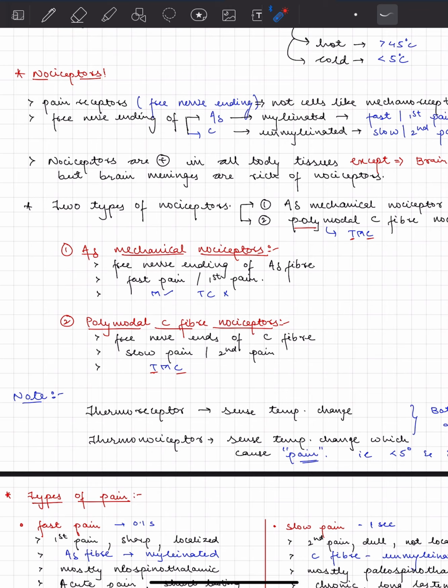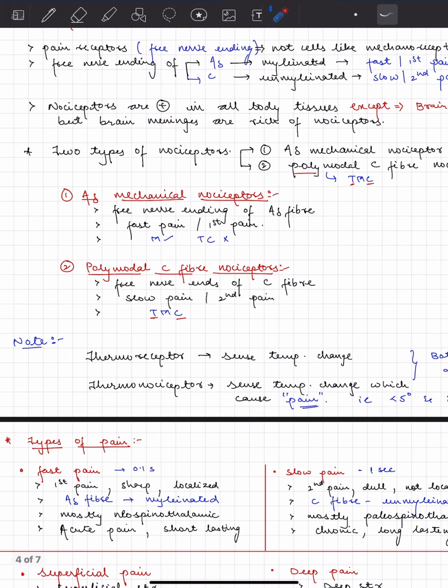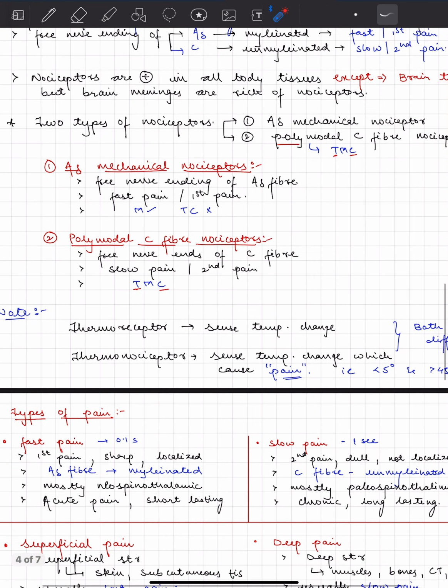Since it only receives mechanical nociceptive stimuli, it is a mechanical nociceptor, not for thermal and chemical nociceptive stimuli. The C fiber is called polymodal because it receives nociceptive stimuli from thermal, mechanical and chemical sources, but is more specific to thermal and chemical only. The free nerve ending of the C fiber gives slow pain or second pain.